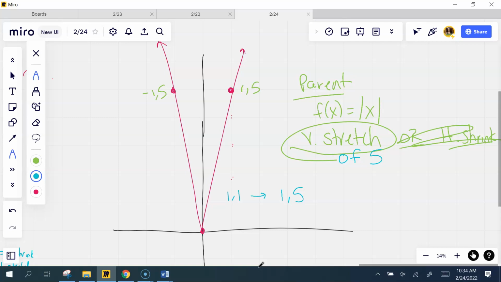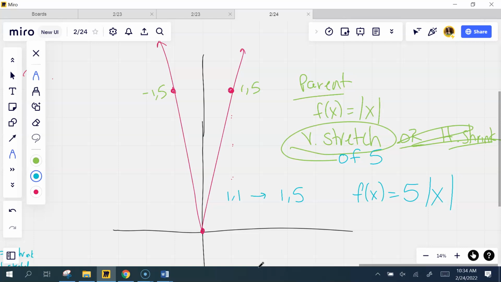Once you've identified this, it's easy from there, okay? You want the equation. So if you're doing a vertical stretch of 5, what does your equation look like? Does vertical go outside or inside? Outside. 5. Horizontal goes inside, vertical outside.